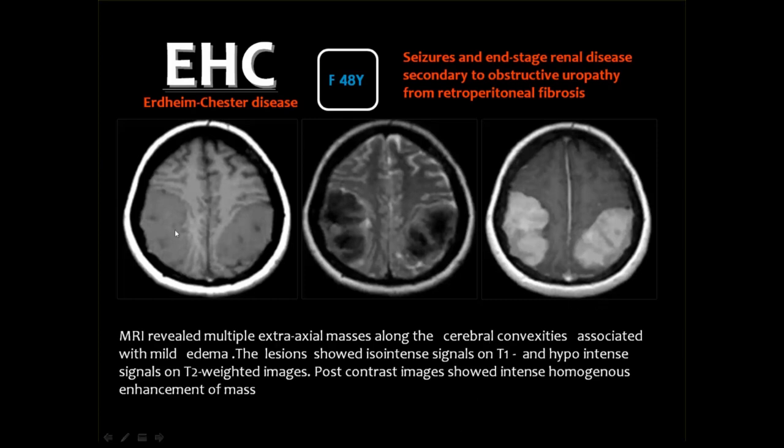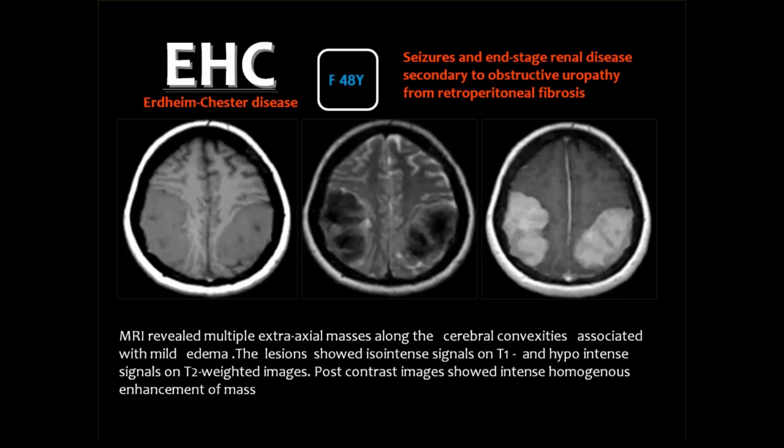You get intermediate signal dural-based masses, very low signal intensity on T2, and significant or marked contrast enhancement on post-contrast images. Then this is easily differentiated from, let us say, tumors, and most of the tumors will show either intermediate signal on T2 or even high signal on T2 weighted images, but they do not show the very dark signal.